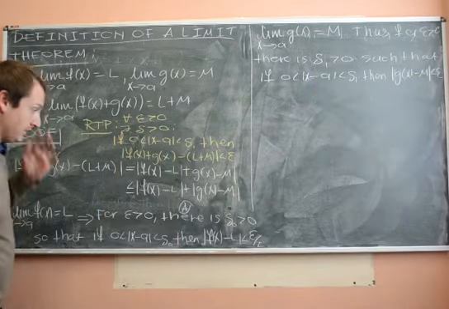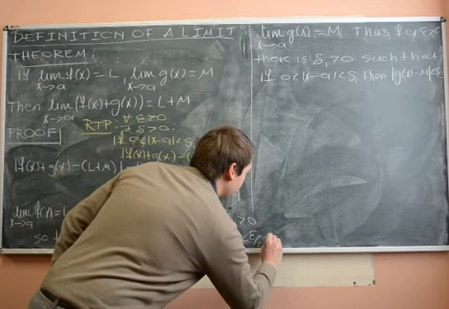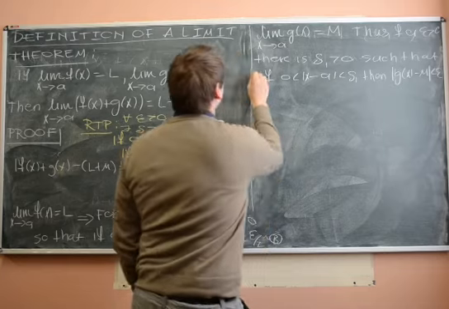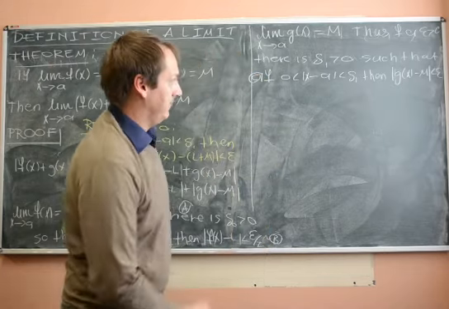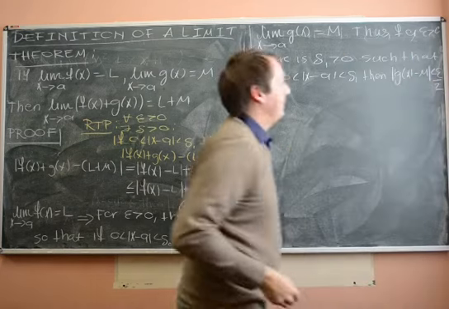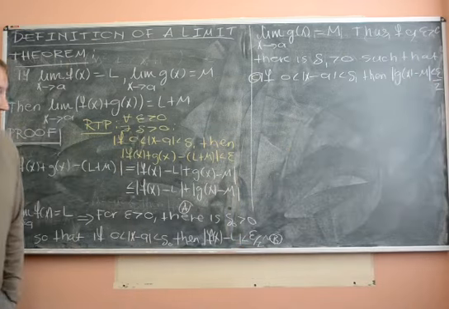Let's call the first whole statement B, and this whole thing we call C. Sorry, we must have it less than epsilon over 2.